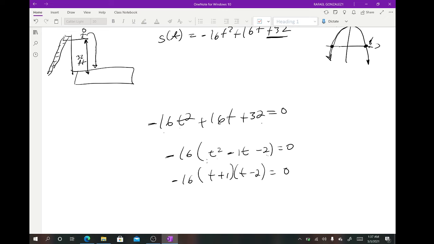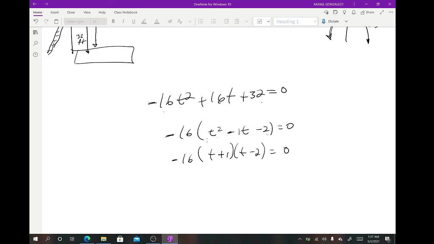You could verify this. And now there's a rule that says that if you have a times b equal to 0, then either a equals 0 or b equals 0. So that means either t plus 1 equals 0 or t minus 2 equals 0.